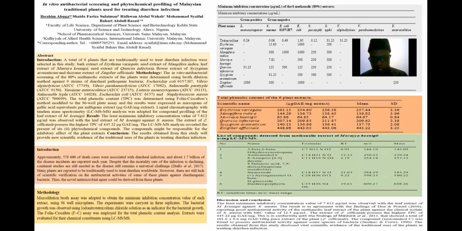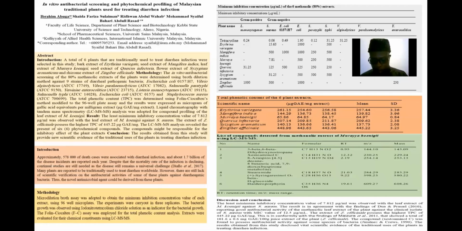The extract of Zingiber officinale possesses the highest TPC of 445.22 microgram gallic acid equivalent per milligram. This is in conformity with the findings of Maidul et al. 2011 that showed a total of 101.6 plus or minus 0.6 mg gallic acid equivalent per 100 gram juice extract of the plant.